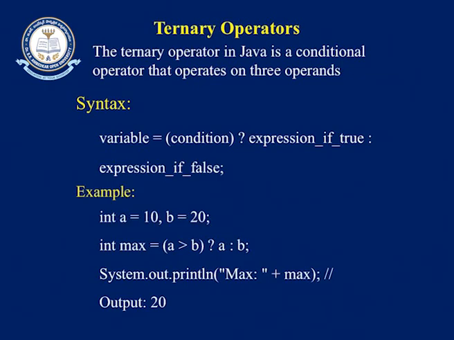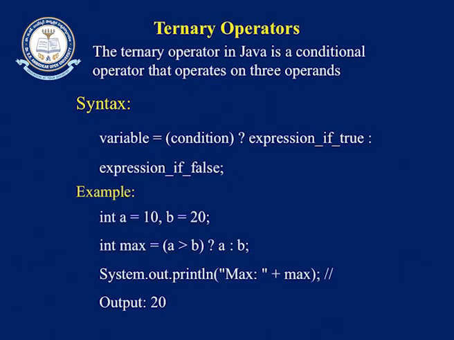Now the third category of operators is the ternary operator. The ternary operator, also called the conditional operator, operates on 3 operands. Normally we use the ternary or conditional operator as a short form of the if-else statement. We'll cover if-else statements shortly.